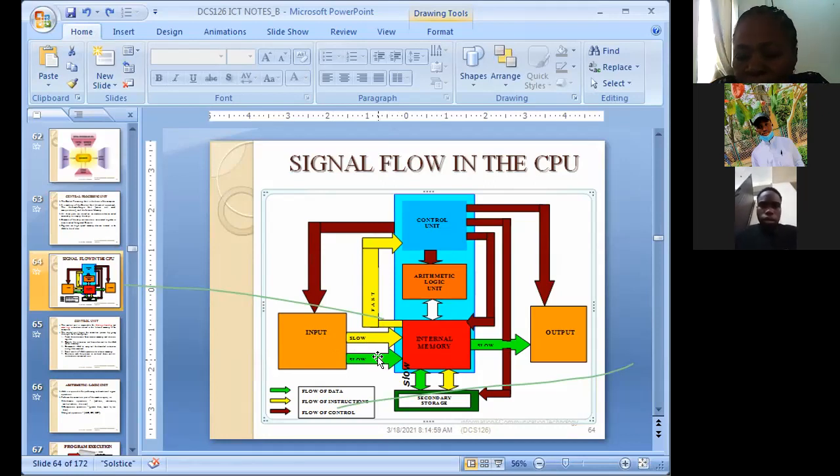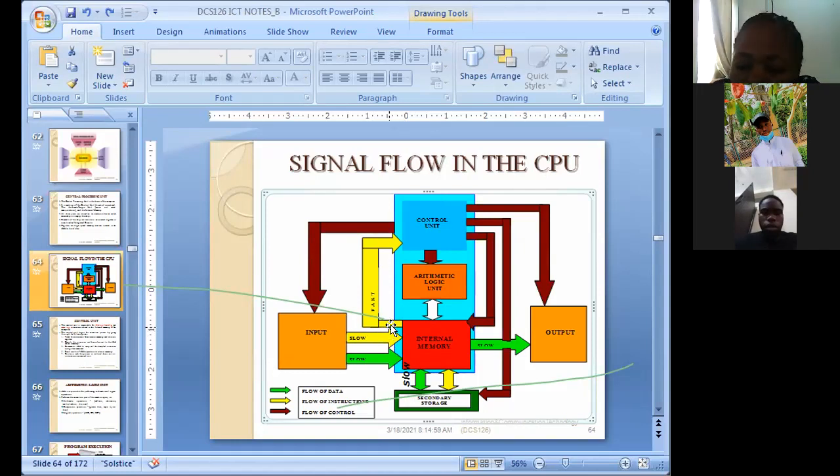So input comes in from here, it flows through this yellow instruction flow, that's the instruction signal, into the internal memory, and the system is saying, keep this. So that instruction or data is stored temporarily in the internal memory. Okay, now keep that with you because I'm using this diagram to explain a lot of things.